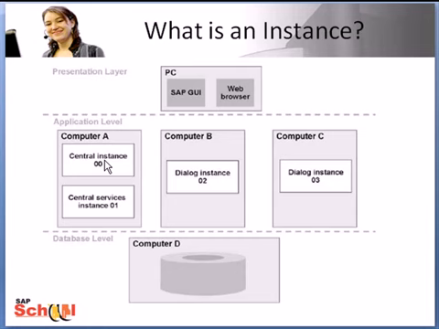So for example, for application server ABAP, these services would be messaging services and enqueue work processes. Messaging and enqueue services are only provided by a central instance. We'll study more about the kind of processes and services in subsequent slides.